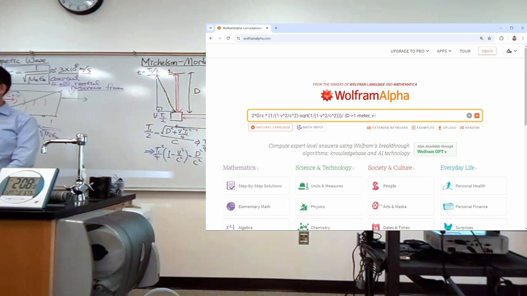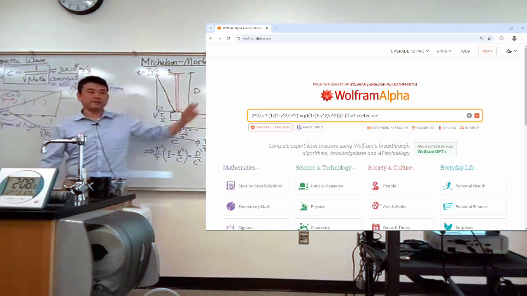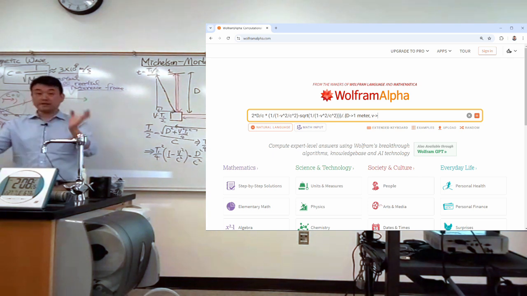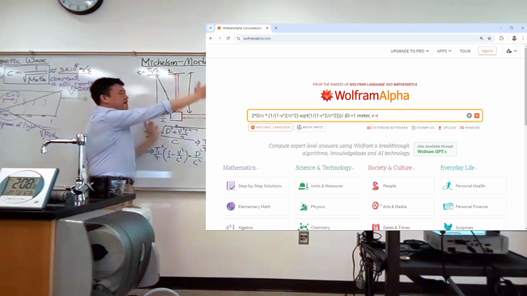What is a reasonable speed for an experiment like this? What do you think Michelson and Morley used for the speed of the ether wind? They were actually rotating the apparatus. They would set this up, and then rotate it by 90 degrees.